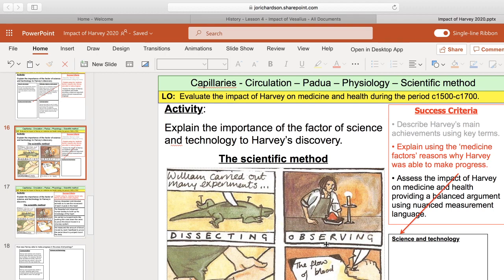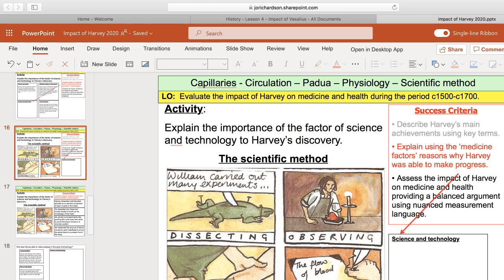If you were in a position where you're dissecting things, you might have in science lessons already, you would understand hopefully the importance of dissecting and opening things up. So you would write down in your box why dissection is so important to the anatomy. He observed the pump, he observed the heart. Why is observation so important? Again, think about the logic when you're doing your own practical.